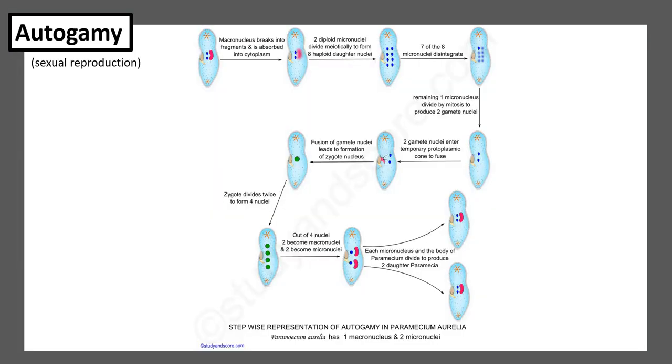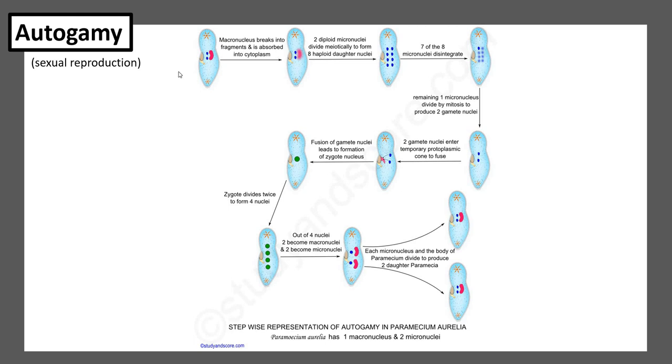Okay, something that happens kind of rarely, but it does happen, is where you have something called autogamy. And that is sexual reproduction because there's genetic change, but there's only one parent.